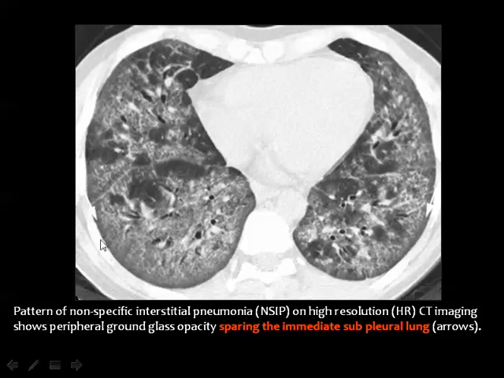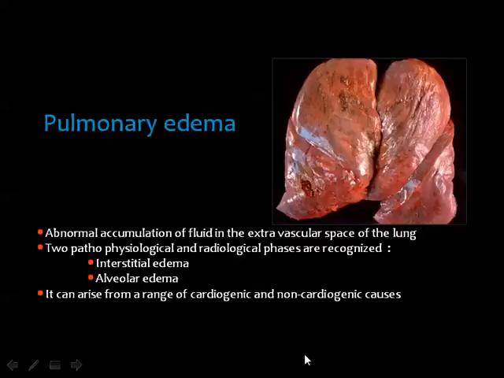These arrows point to the subpleural area of the lung, which is relatively clear. You see traction bronchiectasis, you do not see honeycombing, and you see relative clearance of the peripheral part of the lung. This is diagnostic of non-specific interstitial pneumonia.